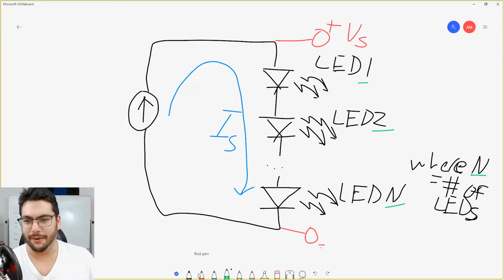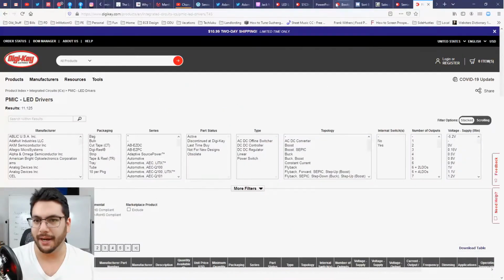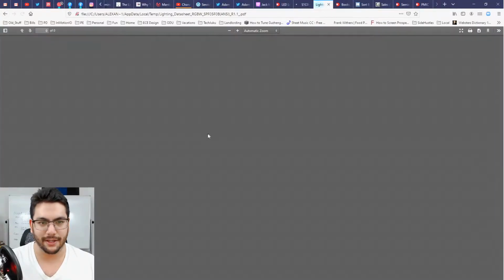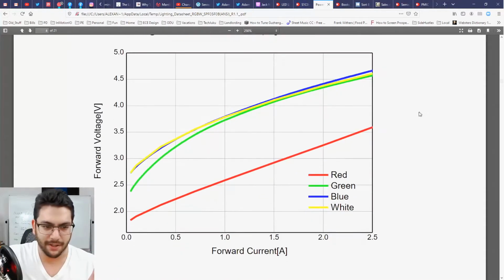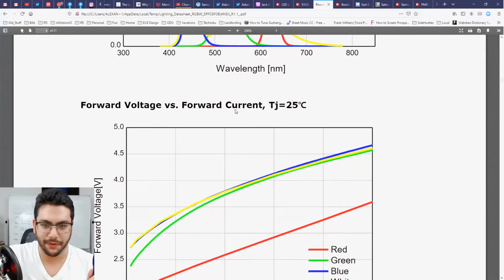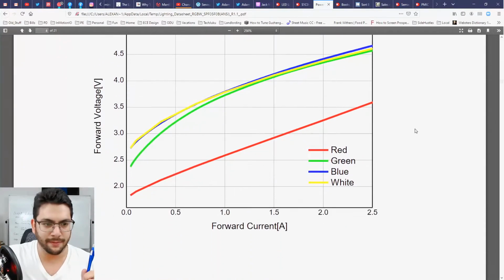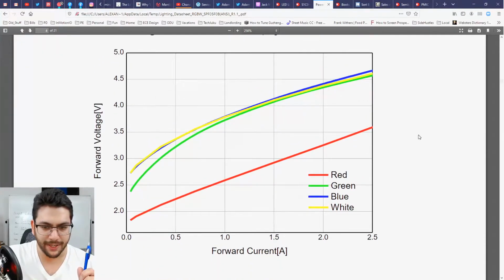Realistically, I remember looking at the diagram for the LEDs. Actually, let me pull that data sheet back up. Remember, we're going to be looking back at a lot of data sheets. So here we go. I want to see the forward voltage based on the current, right? So here's forward voltage versus current. And now I can't draw on this thing.